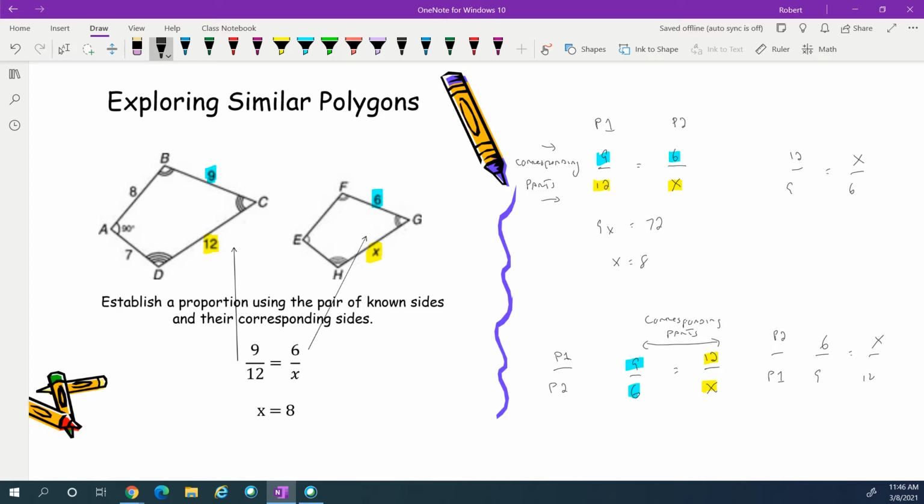The proportions are all about the consistency in the way we set it up. The fractions can also be reversed. It could have been 12 over x equals 9 over 6. So there's multiple ways to set up a proportion. It's about finding the corresponding parts and putting them in corresponding locations of your proportion.